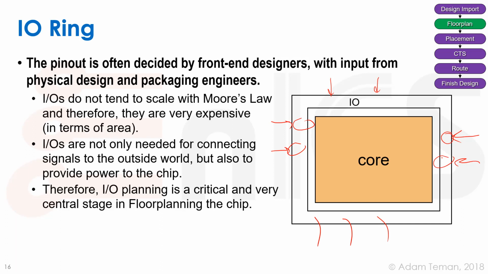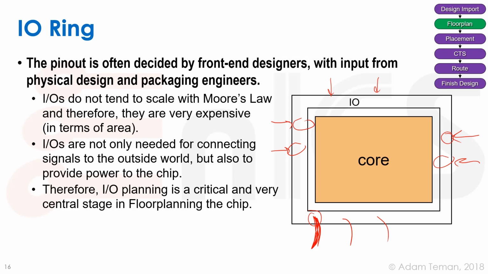Okay. The problem is that I/Os do not scale with Moore's law. Again, we have some sort of machine that has to do this wire bond, that has to actually connect this pin to the chip. This pin is already much bigger than our wires that are inside the chip. They don't scale very well. The machinery hasn't gotten that much more fancy in the last 50 years, and so these things stay big. They have high capacitance.